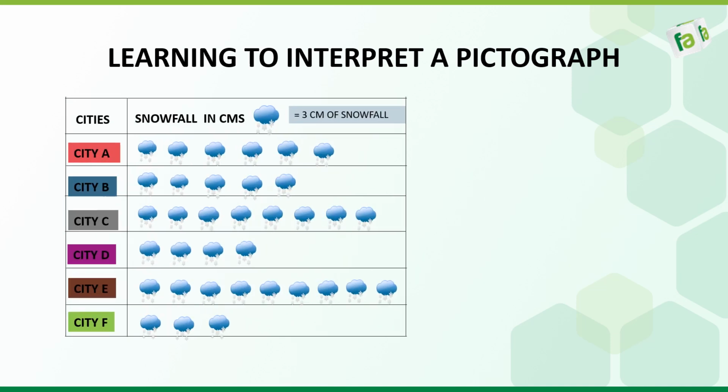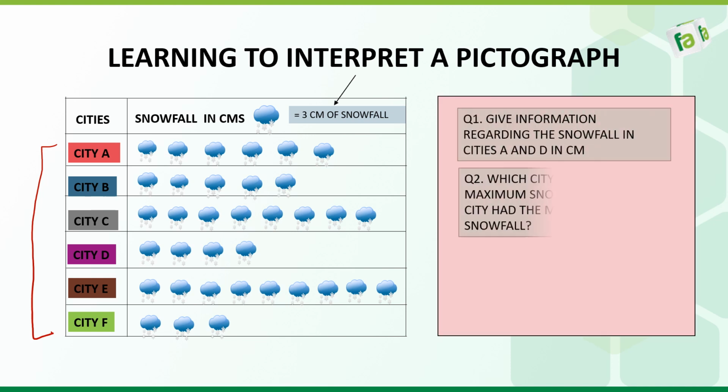We can see that this pictograph represents the amount of snowfall received in each of the cities from A to F, and that each cloud represents 3 centimeters of snow. Now take some time to answer these questions.